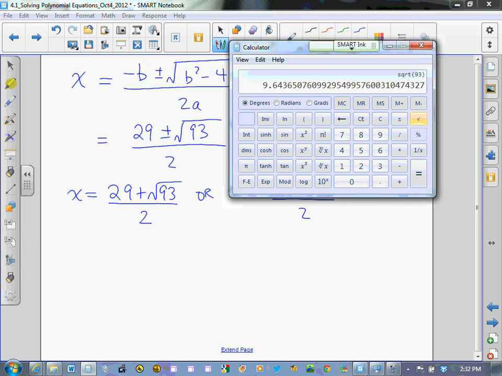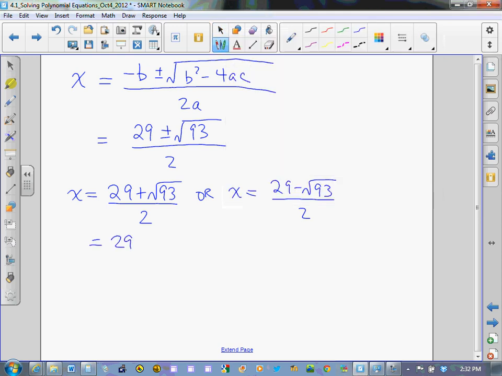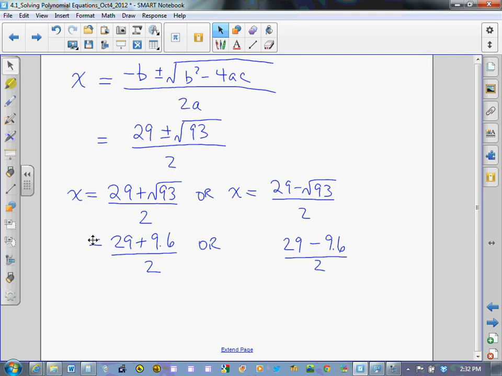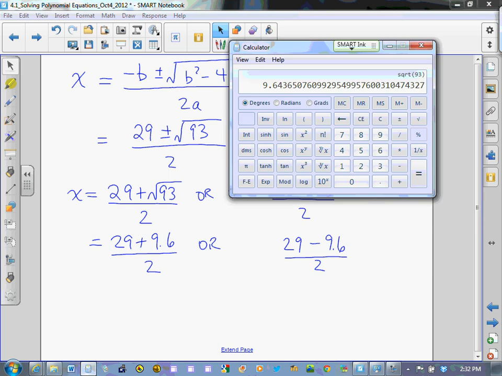So we'll have 29 plus 9.6 over 2, or 29 minus 9.6 over 2. So let's determine what those values will look like. So we have 29 plus 9.6 divided by 2.